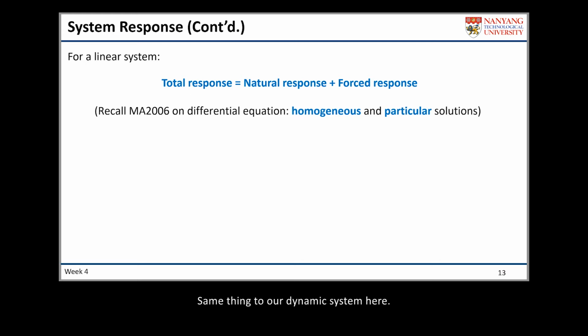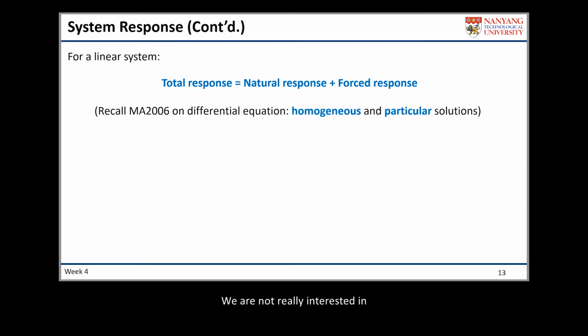Same thing for our dynamic system here. If you analyze it mathematically, you will have two solutions, homogeneous and particular. Sometimes we call the homogeneous solution the natural response and the particular solution the forced response. But these are the two types of response from a mathematical perspective.